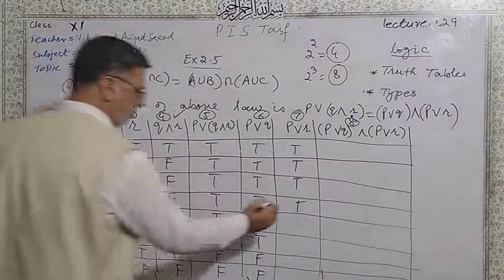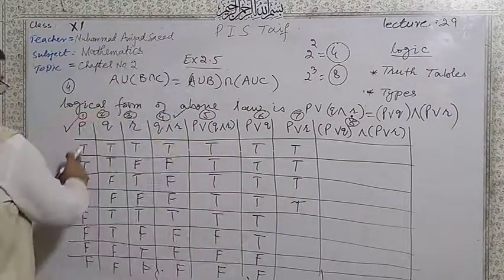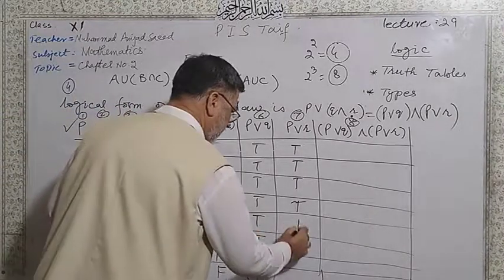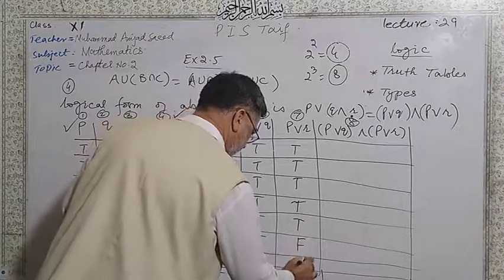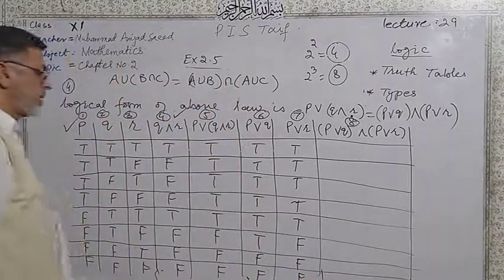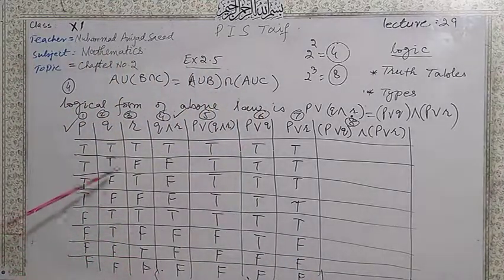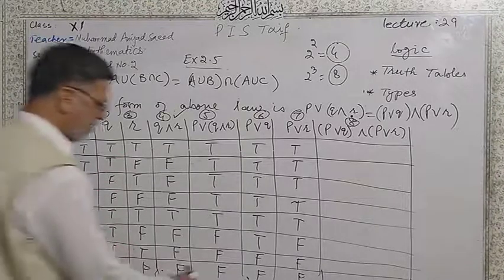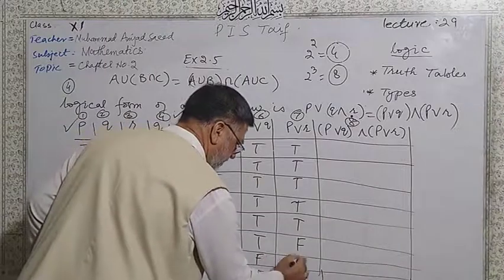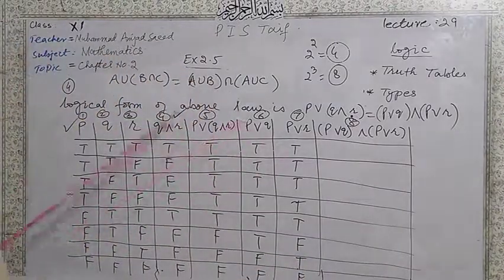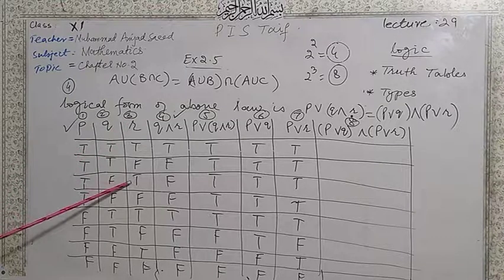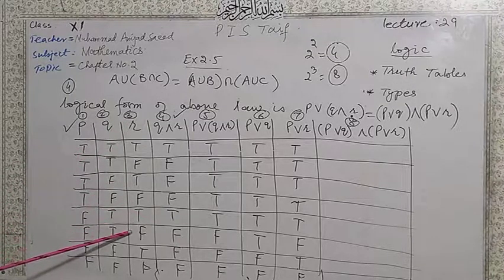Then again this is T, and this is F, F, and F. No, this is T, I think. It will be T. This is P ∪ R. T, T, T, T, T, F, then T and F.